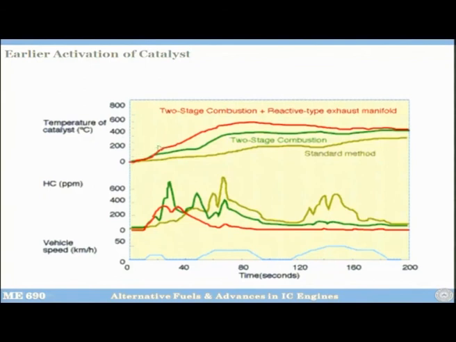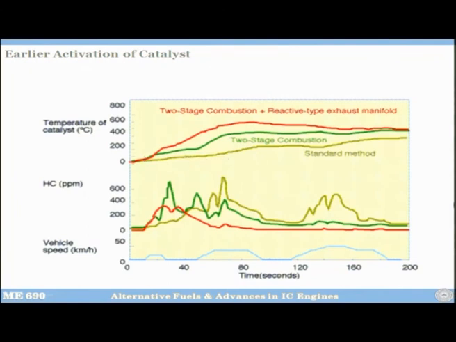So, here you see the 250 degree centigrade temperature is obtained only in like 30 seconds. And then if you look at the HC emissions, within 40-45 seconds it is controlled.